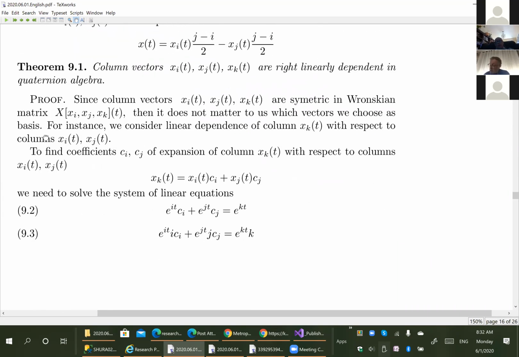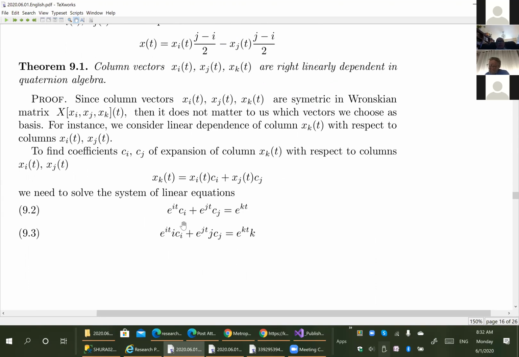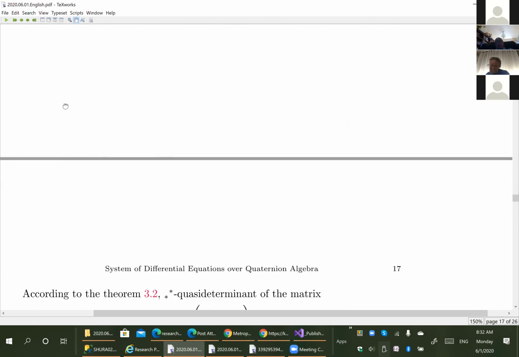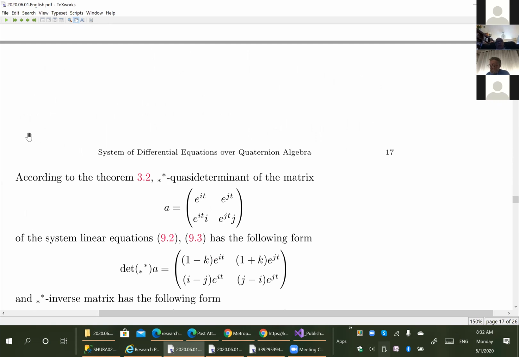To answer the question whether they are linearly dependent, I wrote a system of linear equations, 9.2 and 9.3. The matrix of this linear system is matrix A. The first row is exponents, and the second row I multiply by i and j.